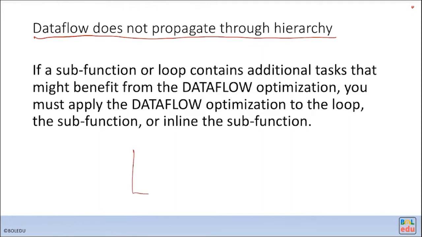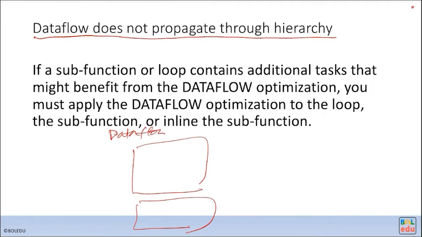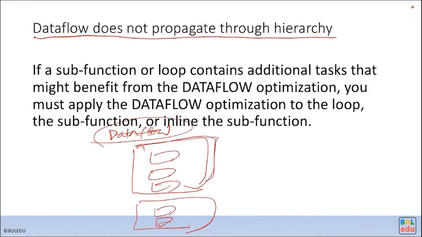For example, you have these two functions and you apply data flow here, and this function has a sub function. The data flow does not propagate to the sub function. So in this case, for this function, you have to use data flow again to make these things connect.